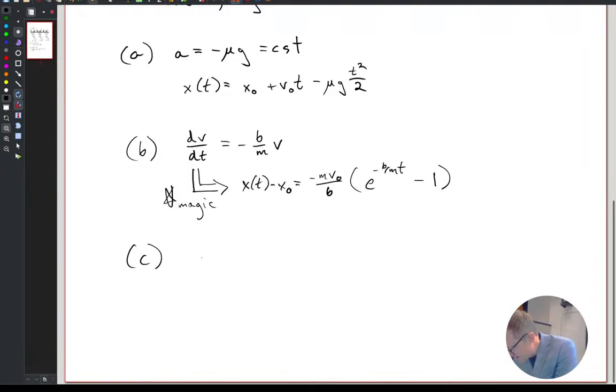So then part C, we have a equals negative k over m x. Or another way to write this is x double dot equals negative k over m x.